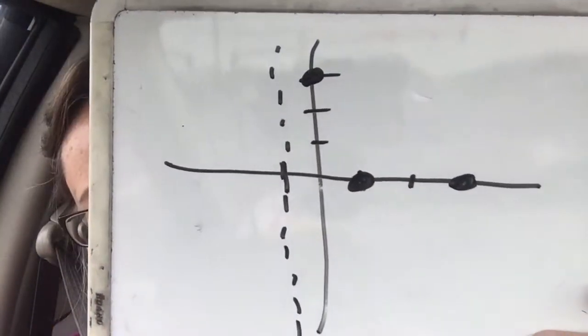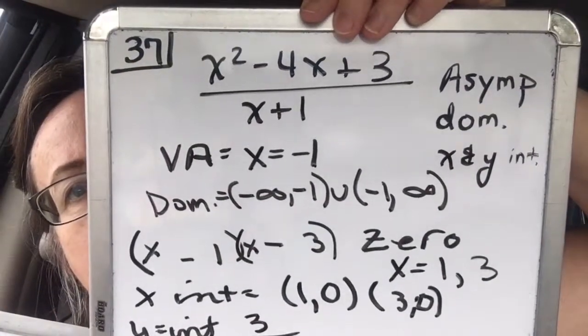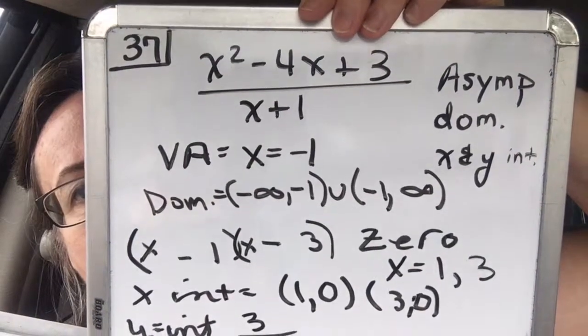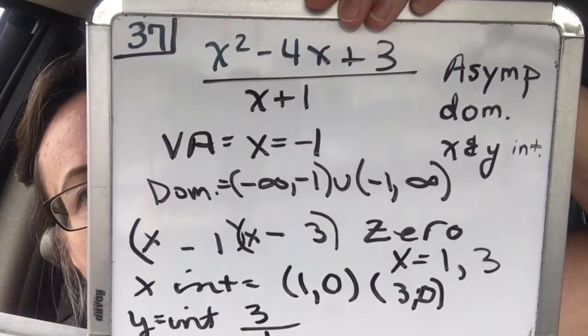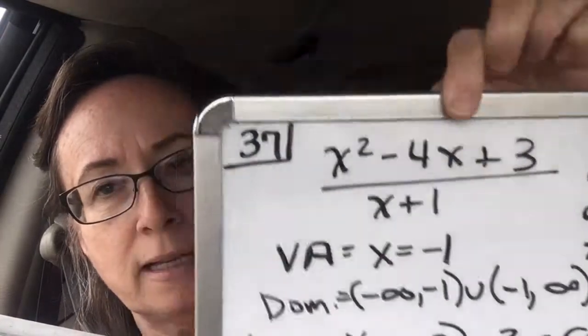Okay, now remember what our function is. The degree of our numerator is greater by 1 than the denominator degree. So we're really not quite ready to graph it. We have to find a slant asymptote, don't we? Okay, so let's come over here.